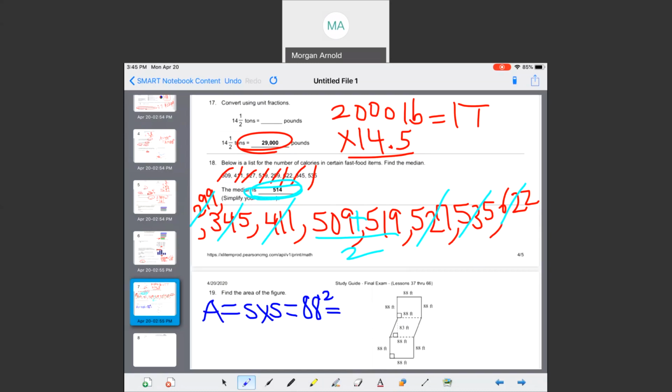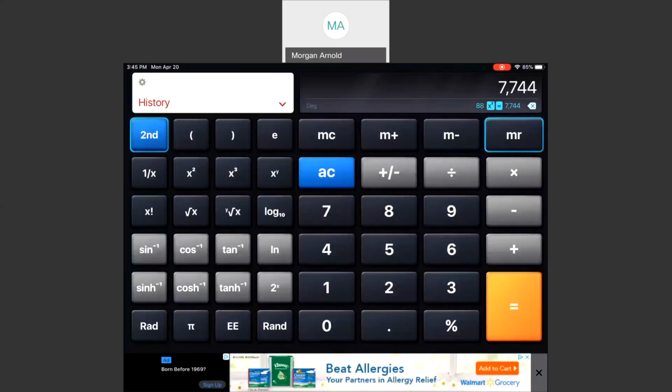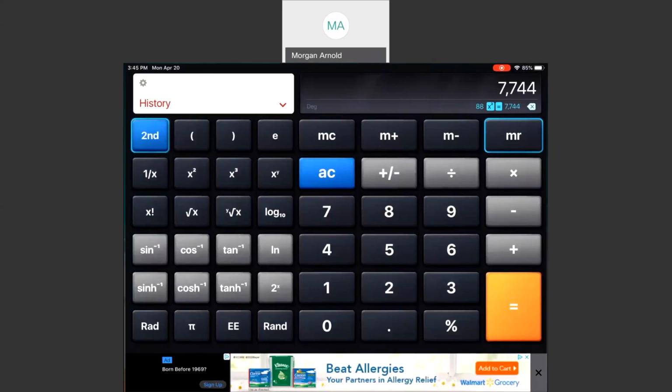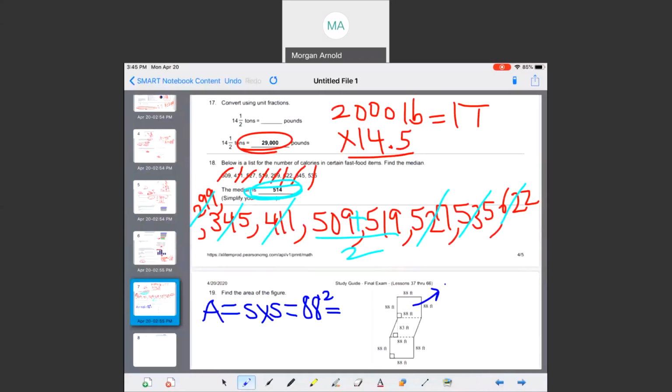So 88 squared is 7,744. And that's actually the area for the top and the bottom part.